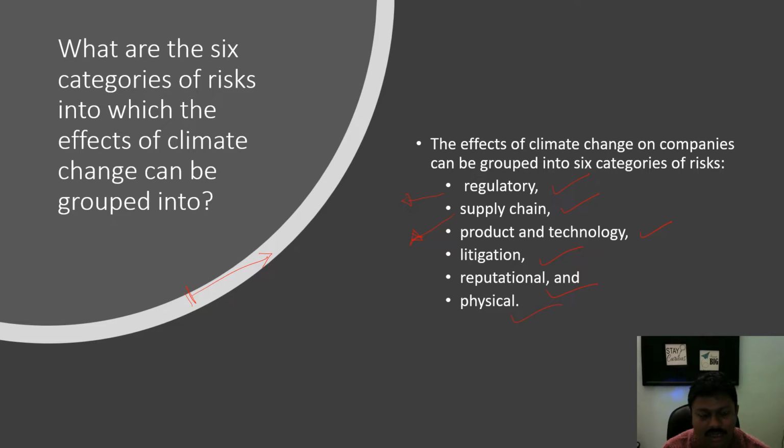Suppose, for example, in Bhubaneswar in October 1999, a super cyclone made landfall in Bhubaneswar and the adjacent area. So total Bhubaneswar was destroyed.